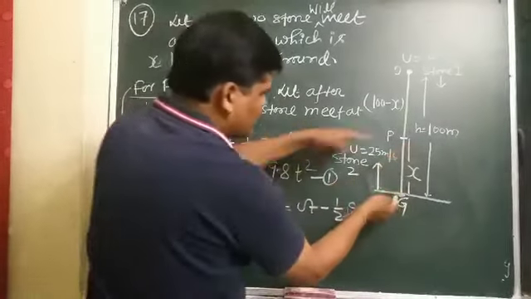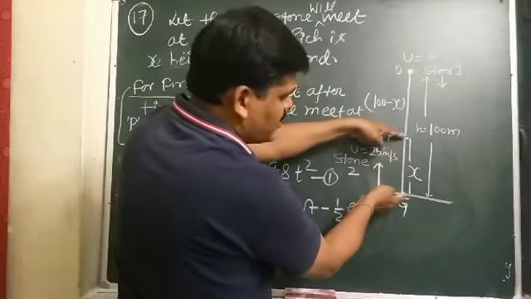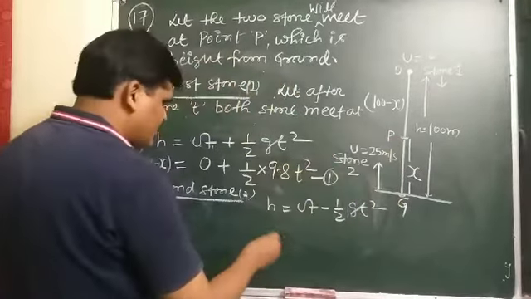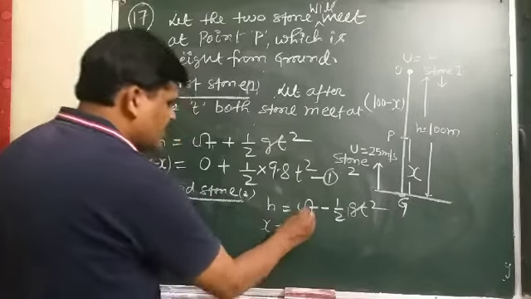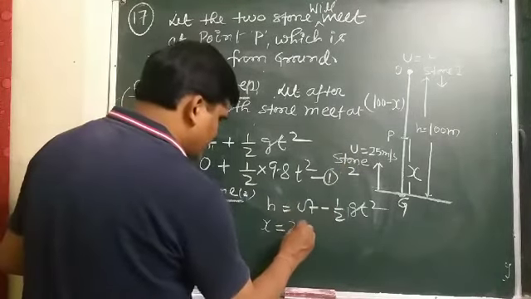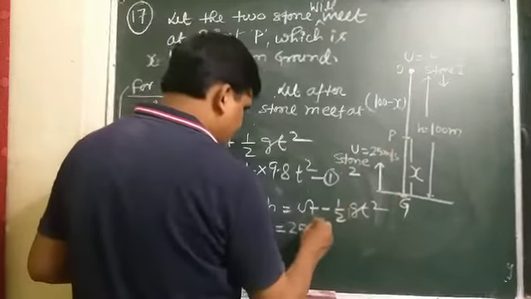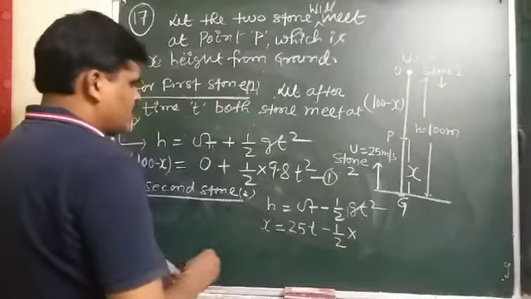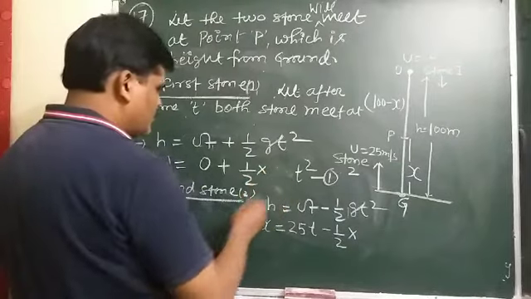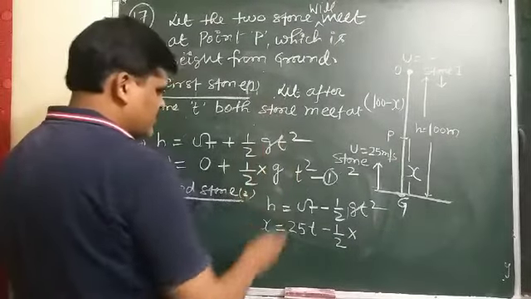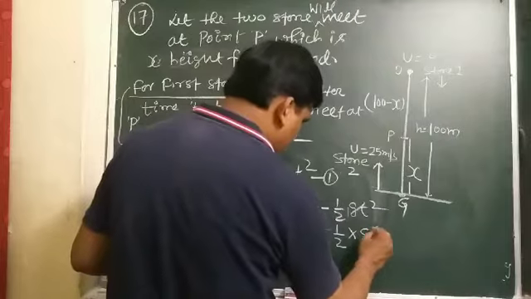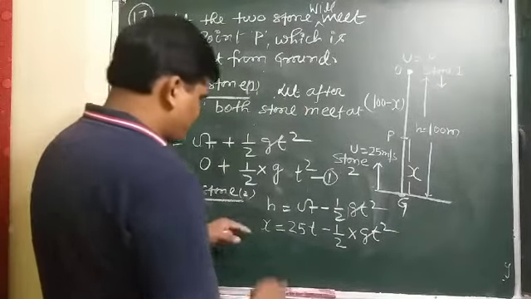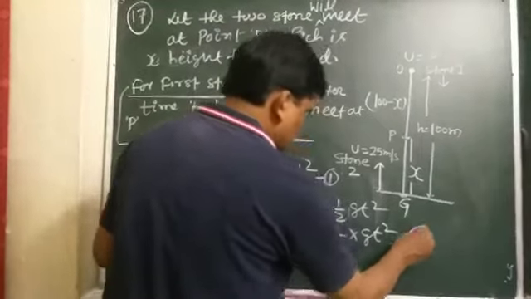H is the height acquired by the second stone when it reaches point P, that is x. Here u is given as 25, so x equals 25t minus half gt square. After solving we put the value of g. So this is equation 2.